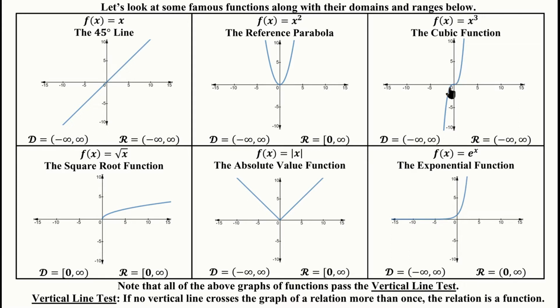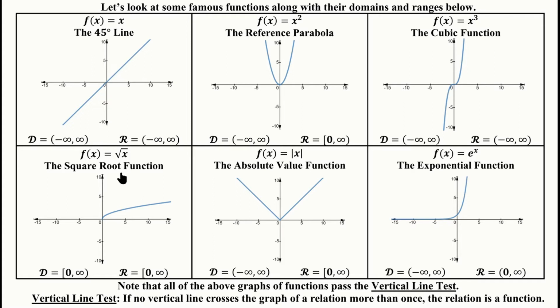Once you graph it, you can plot some points into a table, and notice again, no problem as far as what x value you can use. So the domain is all real numbers, and here also notice the range, all the outputs will also take on all possible real numbers. So the range is also all real numbers.